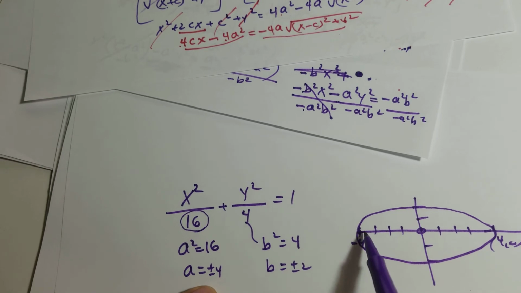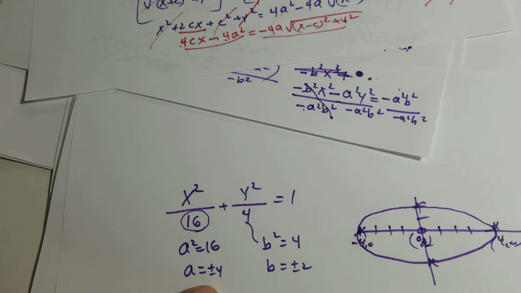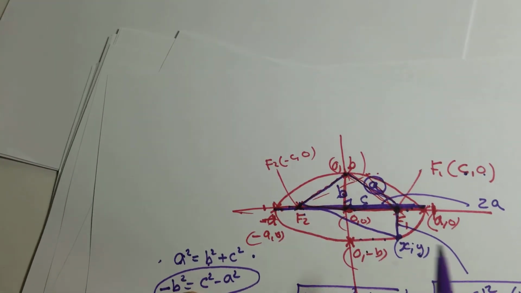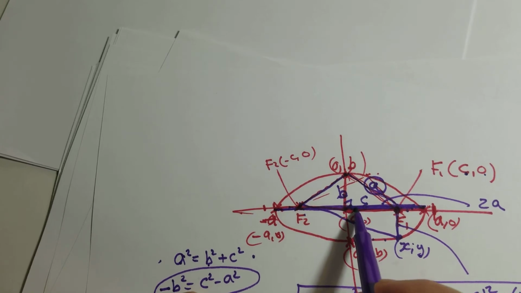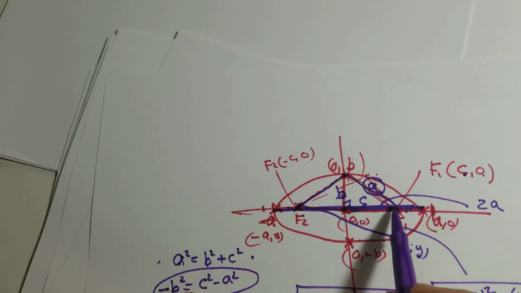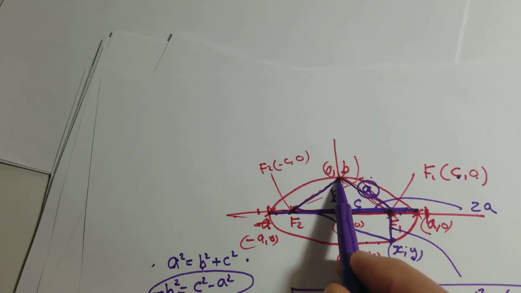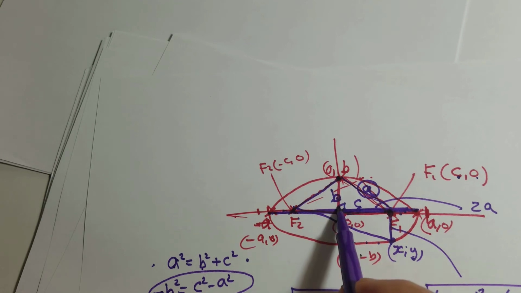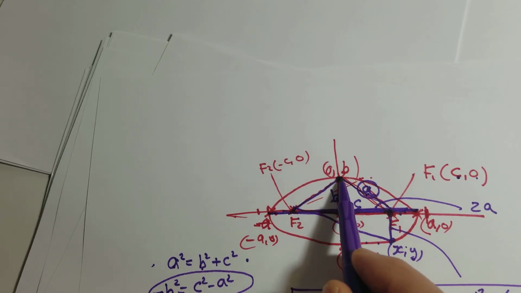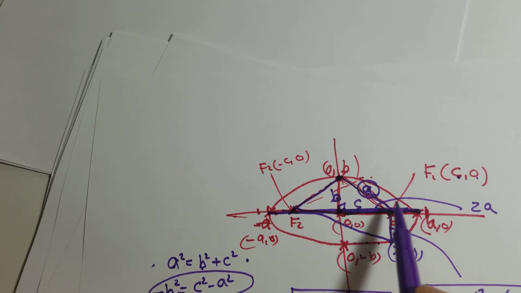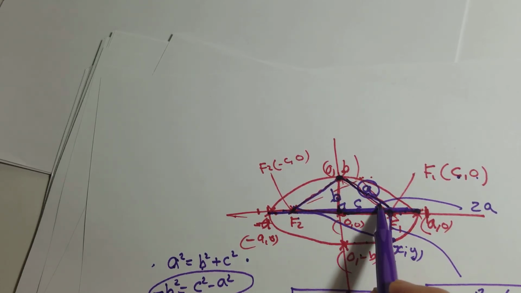An ellipse has 7 points: 4 vertices, a center, and 2 focal points. But somebody said, what is the focal point? I said there is a relationship between the distance from the center to the foci, the distance from the center to the vertex which gives you the minor axis, and the distance from the center to the vertex which provides you with the major axis, because this plus this is 2a.